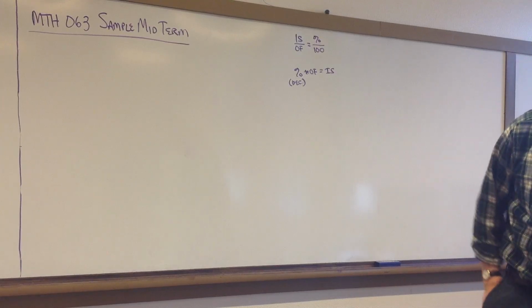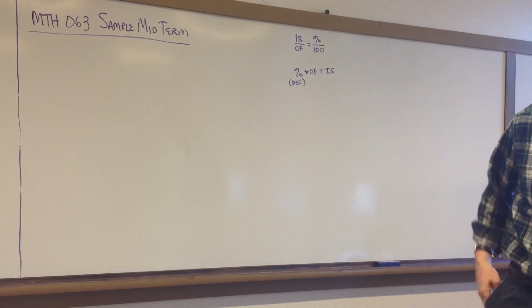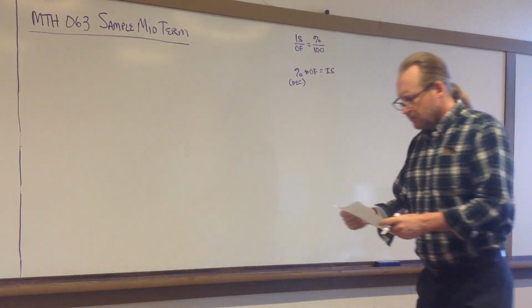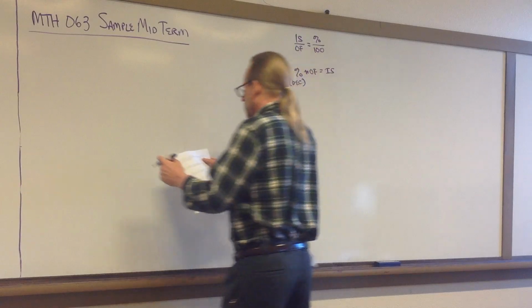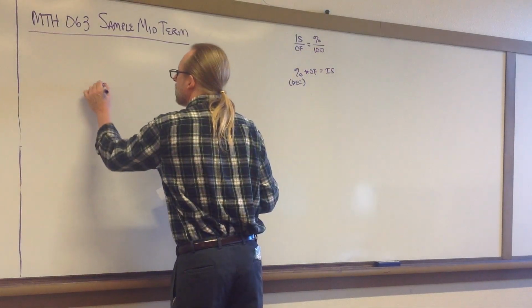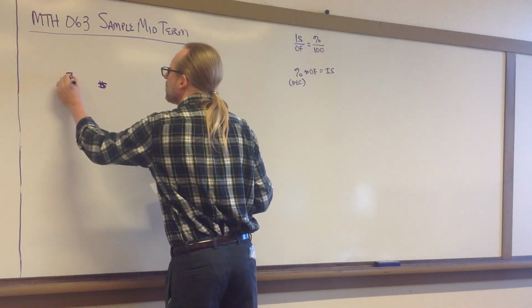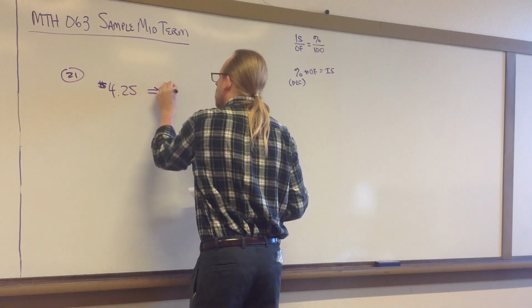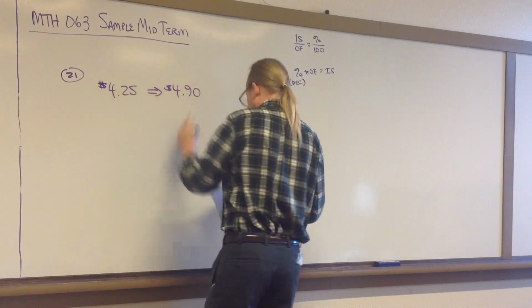All right, problem 21. Cost of beef at the supermarket rose from $4.25 per pound to $4.90. So 4.25 up to 4.90.